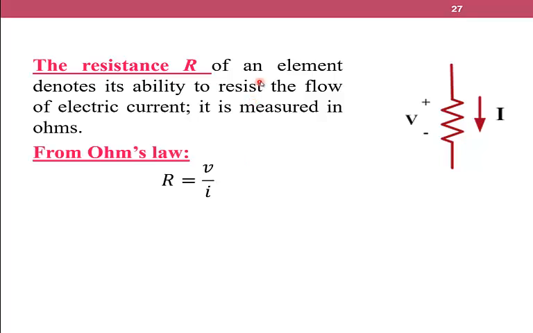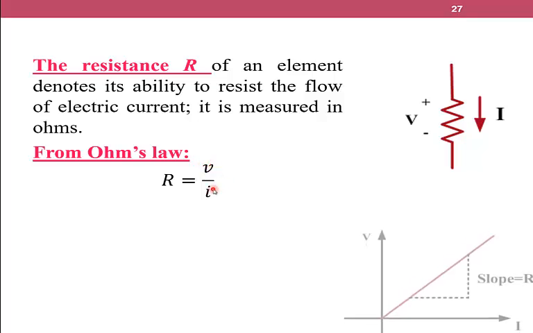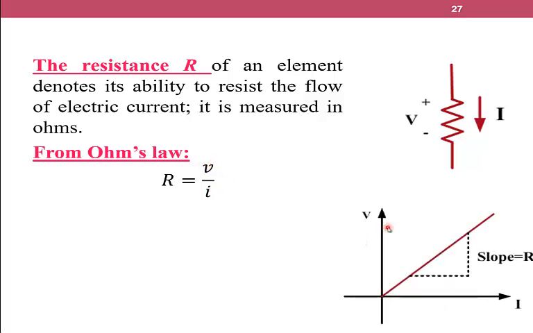The resistance R of an element denotes its ability to resist the flow of electric current, and it is measured in ohm. R equals V over I from Ohm's law. If we draw the Ohm's law figure, we notice that there is a direct proportion between volt and current.